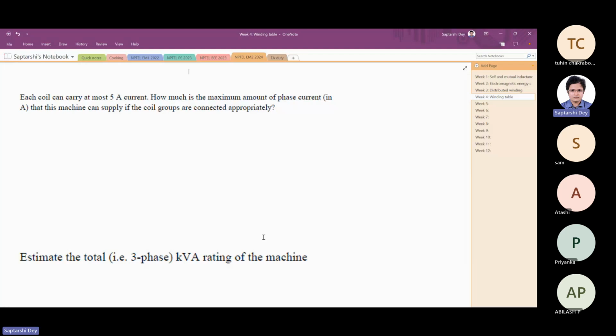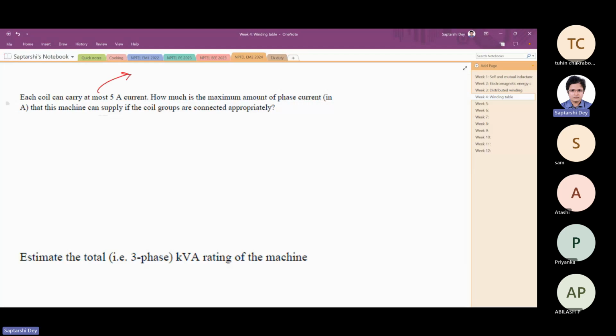Now we find out the voltage. Each coil can carry at most 5 ampere current. How can they say it can carry at most 5 ampere current? What decides this?